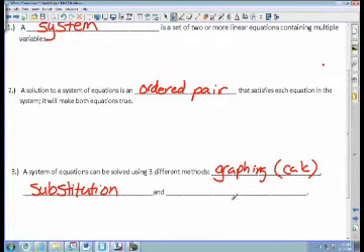The third way, which is what we'll be doing after our break for the next set of Unit 4, is by what's called linear combination. Those are going to be the three ways that we're going to learn how to solve systems of equations.